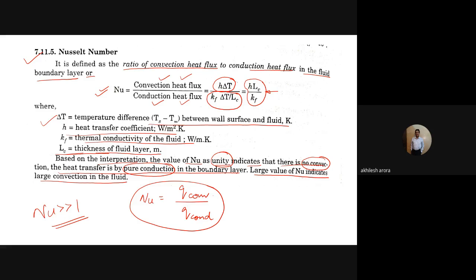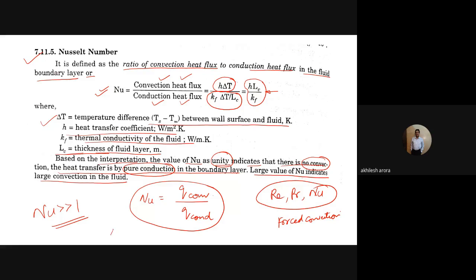So these three numbers, which three numbers? One is the Reynolds number, other is the Prandtl number, and other is the Nusselt number. These three numbers are important in forced convection. Why are these important in forced convection?